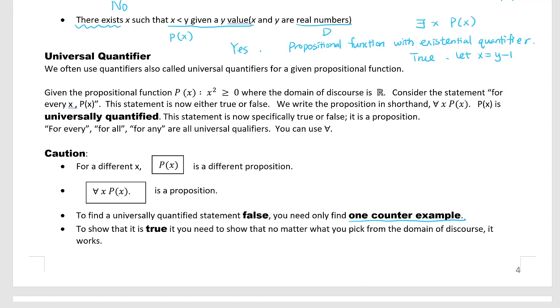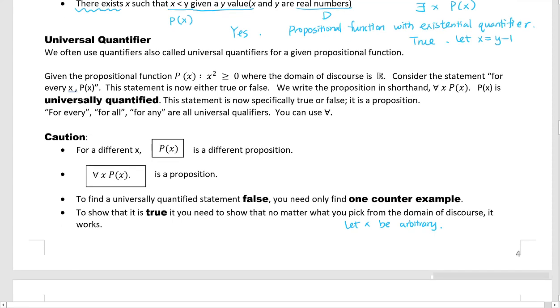We just need to find one value where p of x is not satisfied, then the universal statement is false, because it's not true for all x in the domain. And to show that it is true, you have to show that no matter what value you pick from the domain, p of x works. Yes, we need to let x be arbitrary in this case. So far so good, everybody?